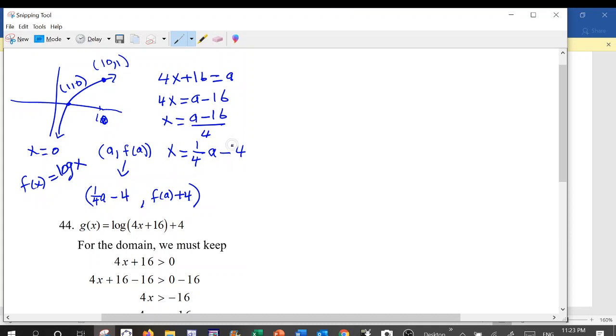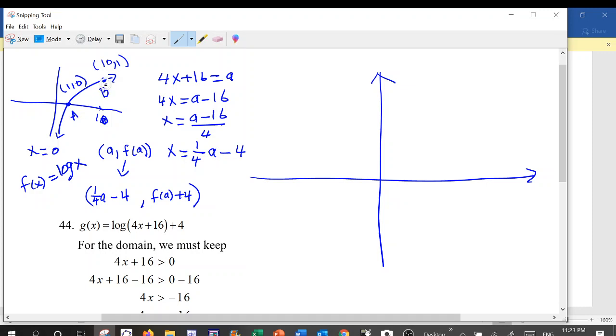All right, now to graph this, we need to figure out where. So let's call this point A and we call this B, right? So we know A has to be connected to B this way. So where is our vertical asymptote? Where does that go?